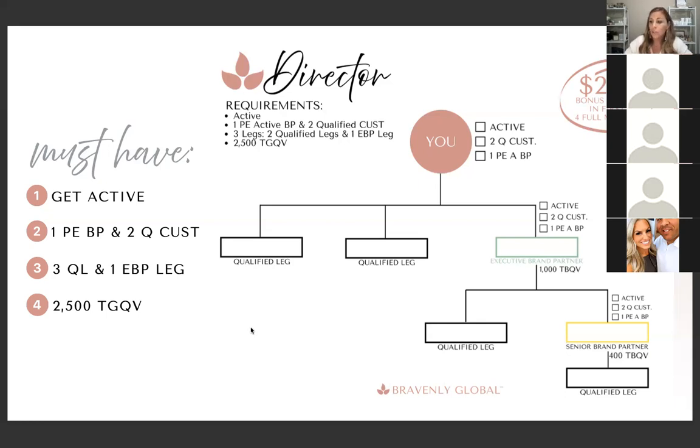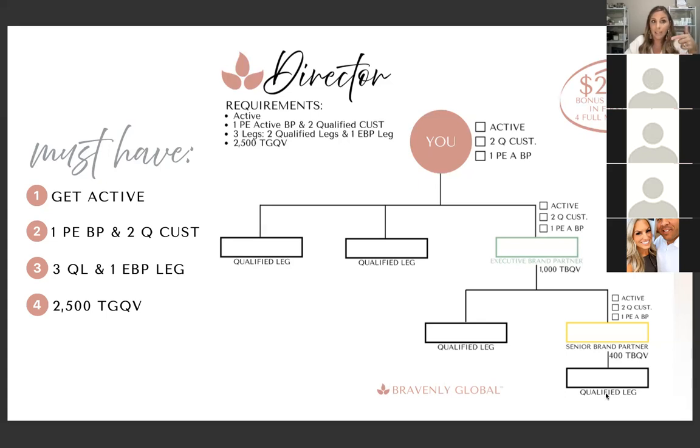Okay. So the next thing that has to happen for you to go director is you have to hit 2,500 in total group sales. Remember yesterday when we talked about our goals of everybody enrolling 4 customers and 400 in volume? Well, if you have that goal and you teach 1, 2, 3, 4, 5, 6 other people to do that, there's 7 of you.